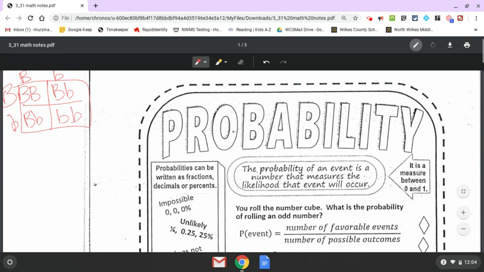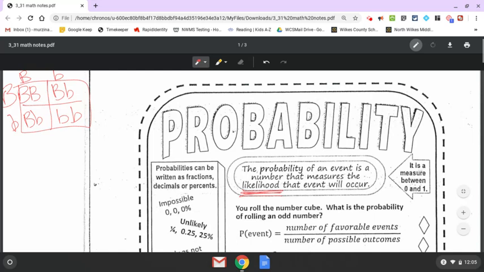So if you remember going over this, we are actually using probability. We're talking about the likelihood that an event will occur. So if you need to take a look back at your vocabulary in science, that might be pretty helpful. And I'll do another video. We've done the video with the Punnett squares, just to get familiar with the vocabulary that we're going to be using.